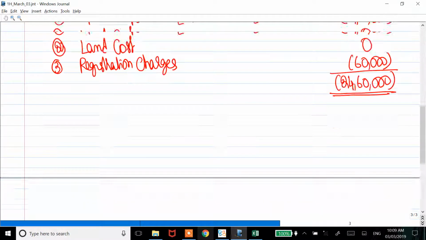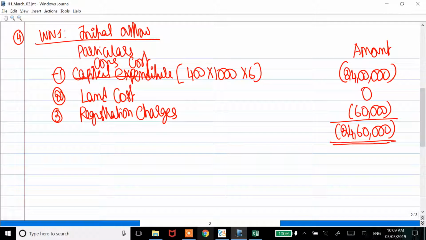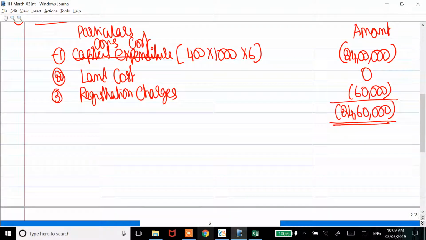Construction is 24 lakhs, land is 0, registration is 60,000. Overall I spent 24 lakhs 60,000 on day 0.